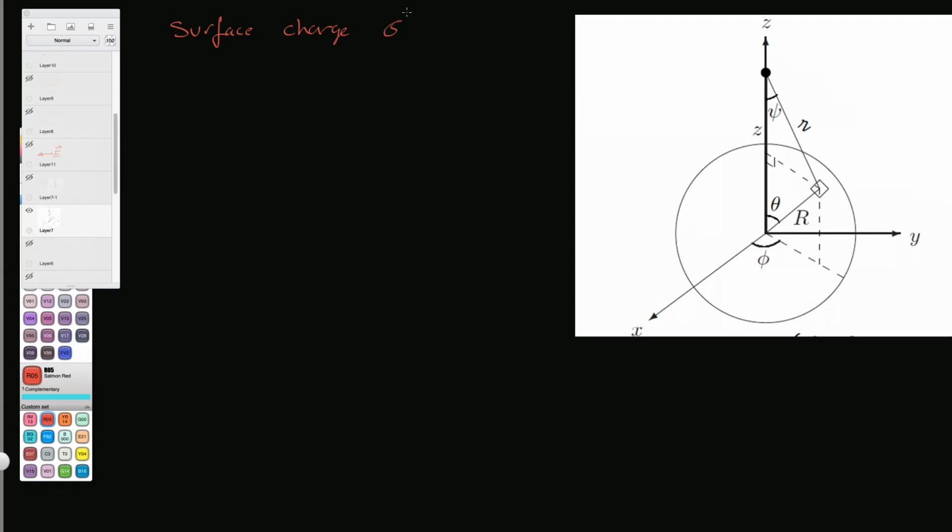Okay. Let's use Gauss's law in integral form to get our field at Z. Okay, so let's just think about the surface. What would be a good surface to take here? And the goal is to get a surface where E is constant everywhere on that surface.